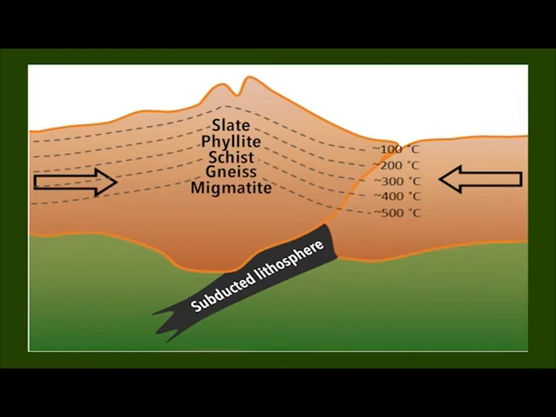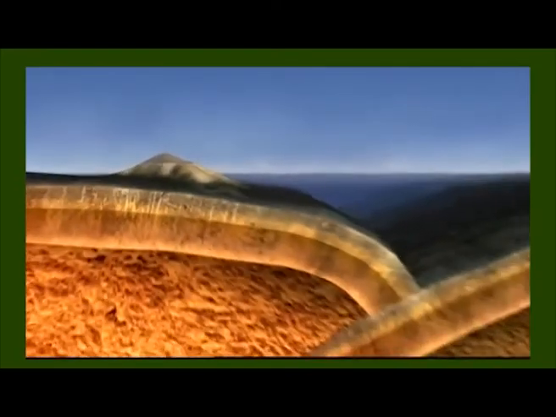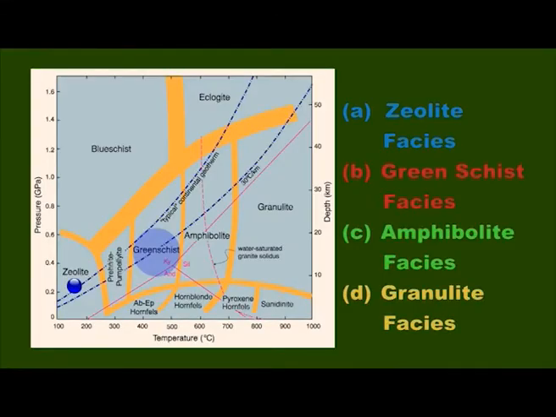The regionally metamorphosed rocks occur during orogenic events, the collision of 2 plates. Intermediate pressure or Barrovian types are listed in order of increasing temperature and pressure of metamorphism. First, zeolite facies; second, greenschist facies; third, amphibolite facies; and fourth, granulite facies.